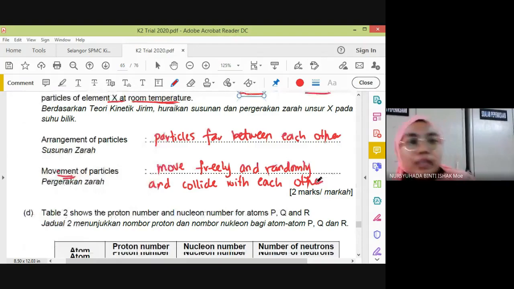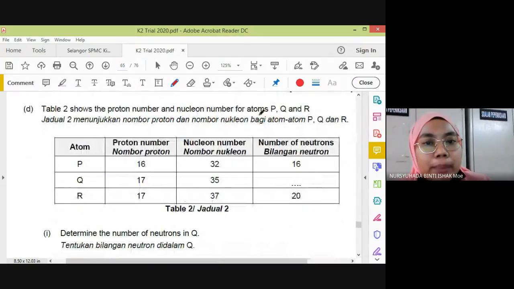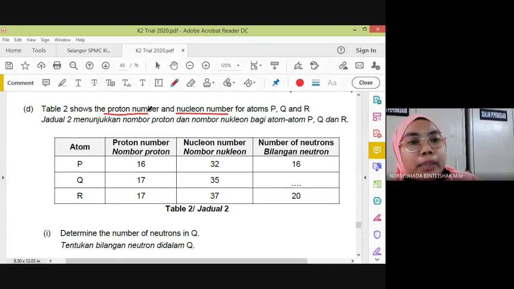Okay, D. Table 2 shows the proton number and nucleon number for atom P, Q and R. Okay, cikgu nak tanya sekali lagi. This one dia tulis nucleon number, proton number. Soalan cikgu, adakah terms untuk neutron number and electron number? Ada ke tidak? Tak ada, betul. Proton number and nucleon number actually is term. Proton number definition dia adalah number of proton.